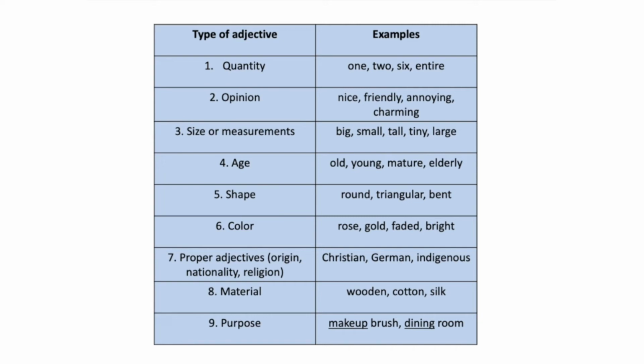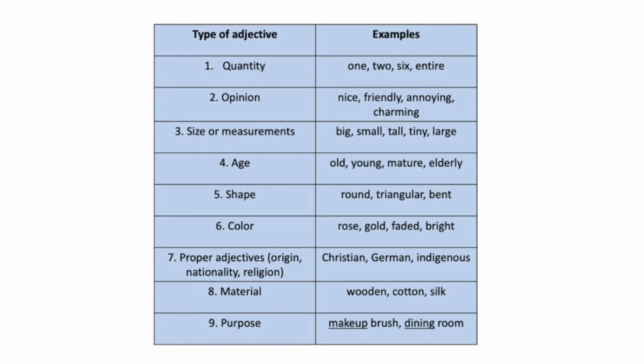Size or measurement. Big, small, tall, tiny, large. Then, by age. Old, young, mature, elderly. Next, by shape. Round, triangular, bent.